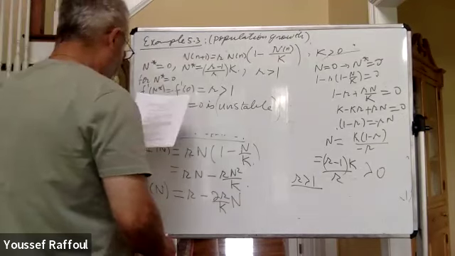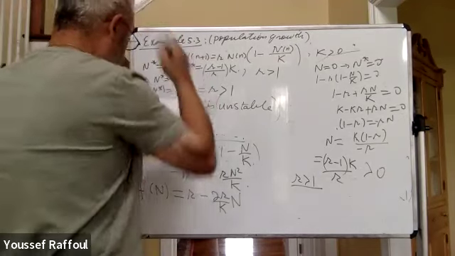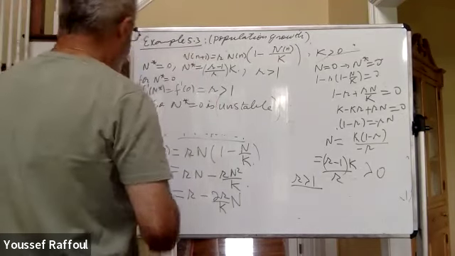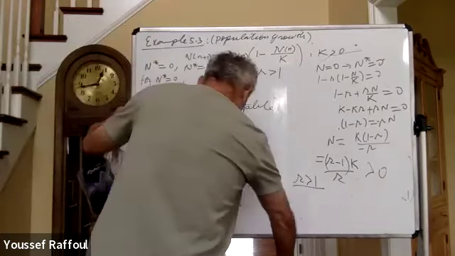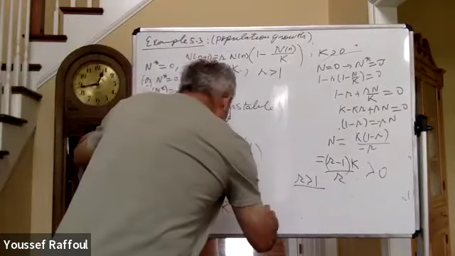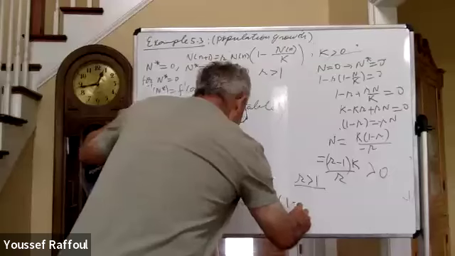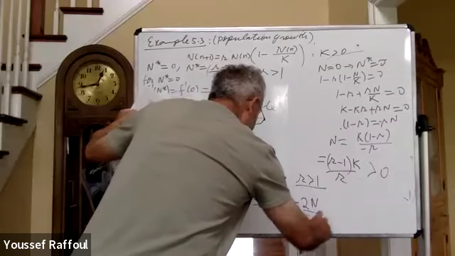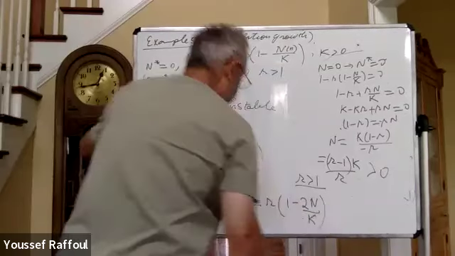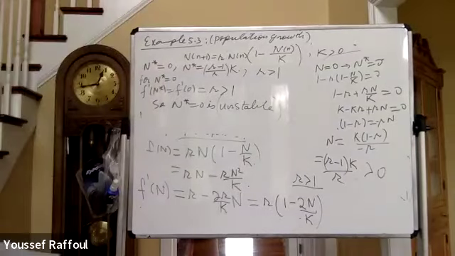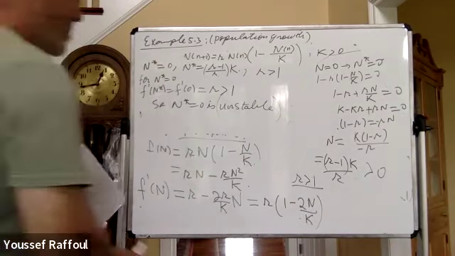All right. And notice this is r times 1 minus 2n over k. Now we're going to do the other n.